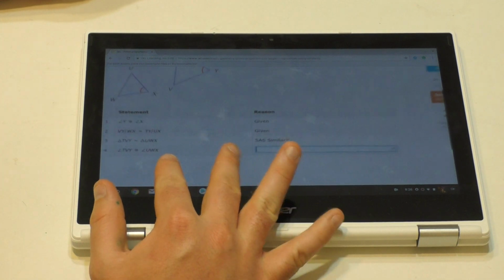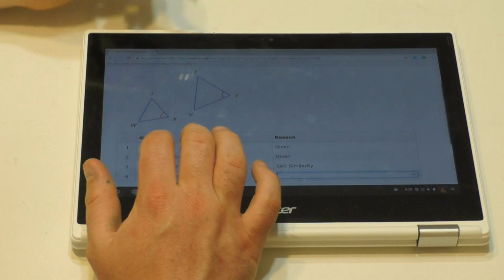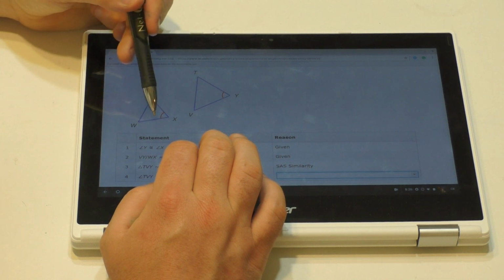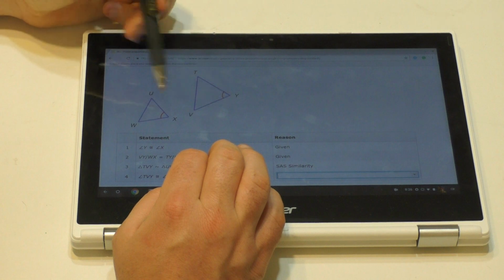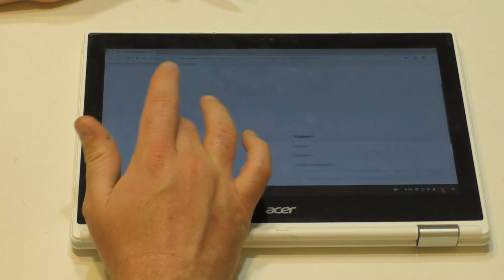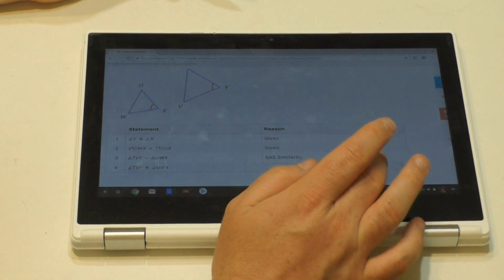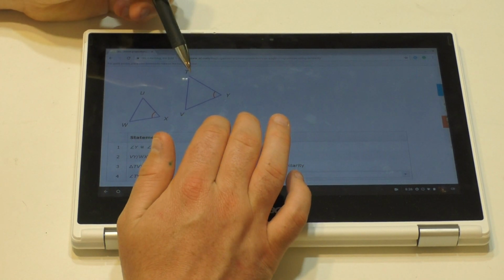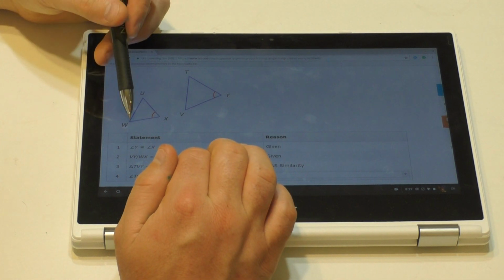All right, so given that these two angles are equal, oh look, it's saying VY over WX is proportional, the same proportion as TY over UX. So we've got proportional sides with an angle in between them that's equal, SAS similarity. So it's saying angle TVY is equal to angle UWX.